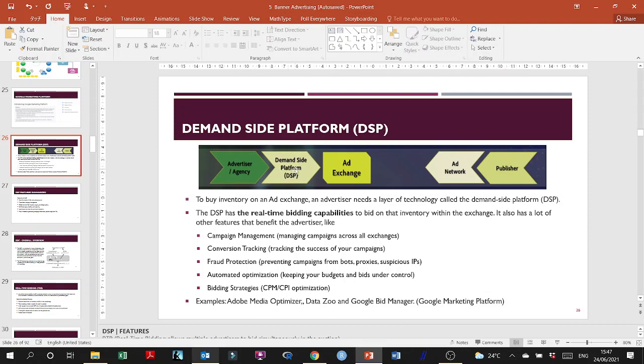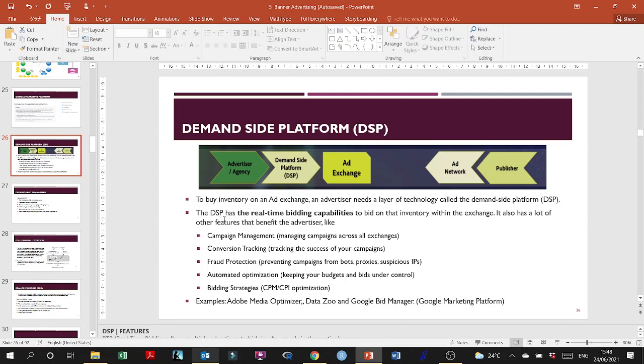Let's go back to the demand side platform. So this is the advertiser. This is the person, the side that pays money. This is the buyer. So it is the demand side. So this is the demand side, and to buy inventory on the ad exchange, the advertiser needs a layer of technology called the demand side platform, like Google Ads.